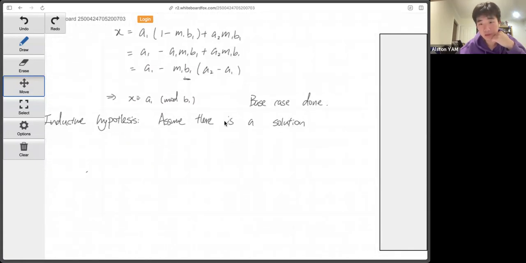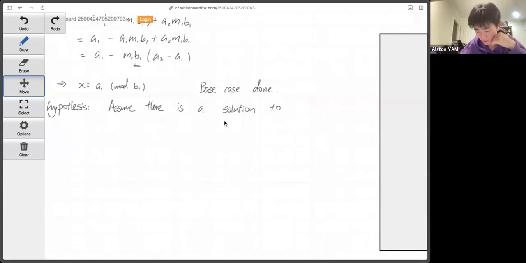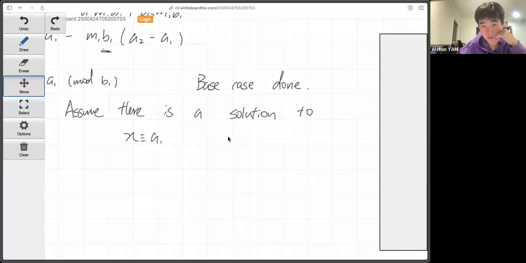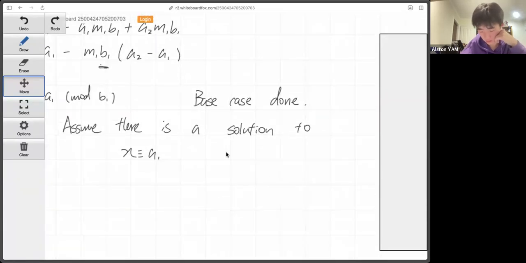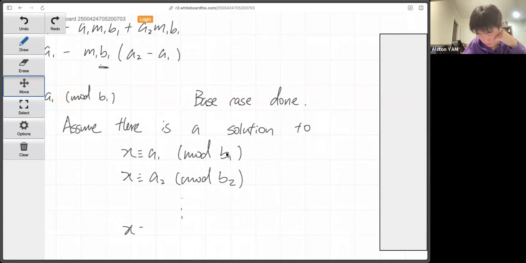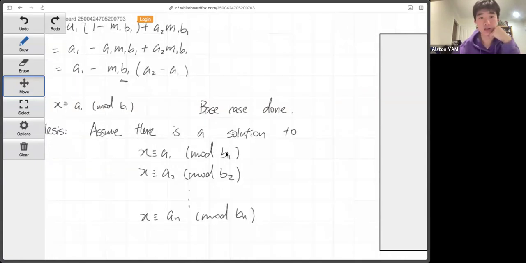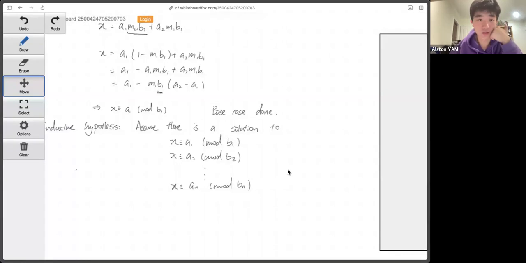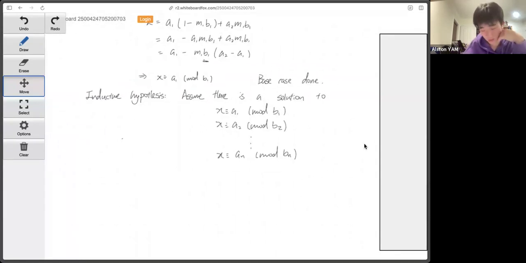Assume there is a solution to x congruent to a1 mod b1, x congruent to a2 mod b2, dot dot dot, x is congruent to an mod bn. So we're just assuming that the n case is true and we're trying to prove the n plus 1 case.